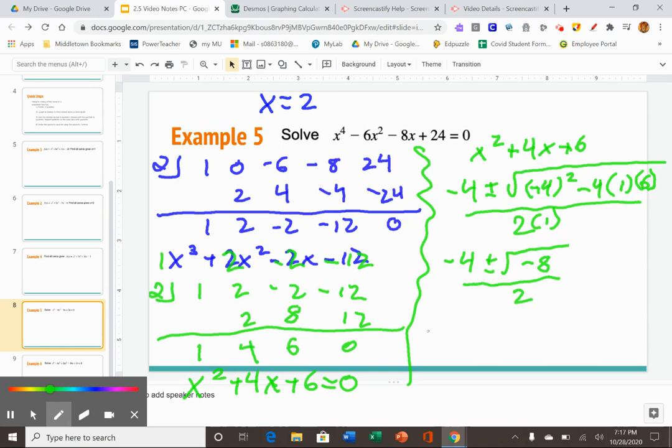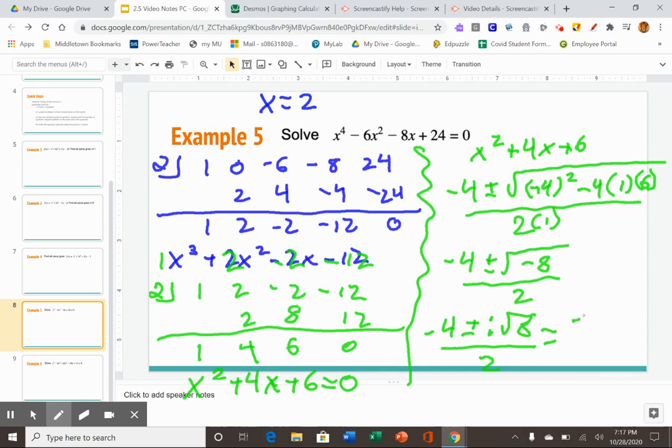Imaginary numbers should come into your mind. Where now you're going to have -4 plus or minus i root 8 over 2. We keep simplifying: -4 plus or minus 2i root 2 over 2, which simplifies to -2 plus or minus i root 2.